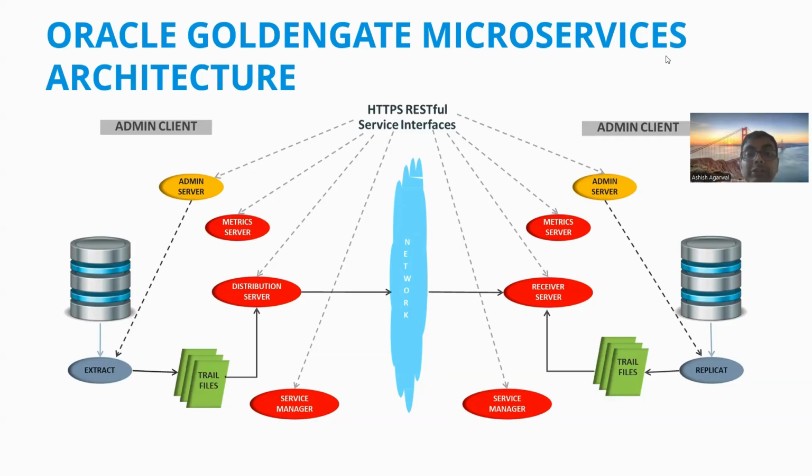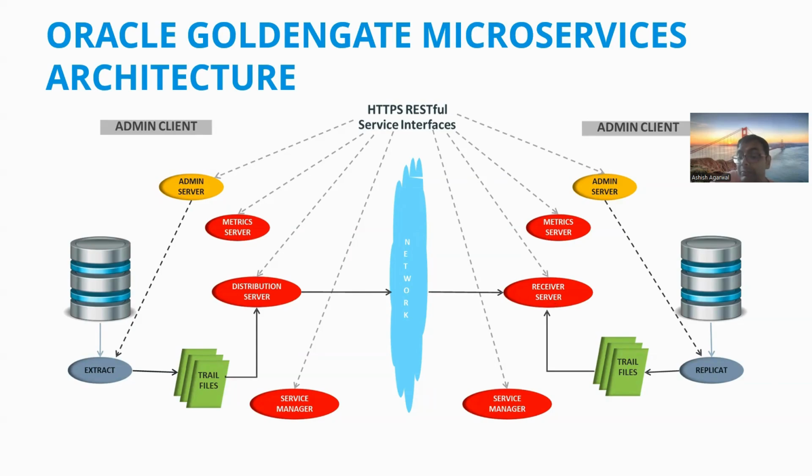The extract process writes data to the local trail, and the data pump or distribution path writes data to the remote trail file on the target. Then what is the work of the collector process? How does the data pump or distribution path send the data to the target? The distribution server or data pump runs on the source; the receiver server or collector process runs on the target.